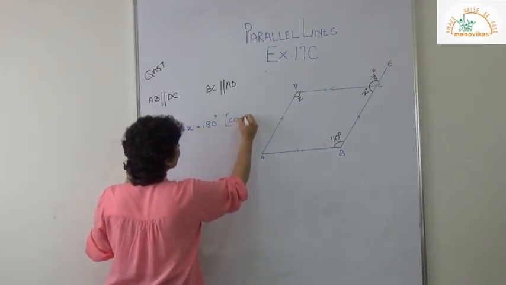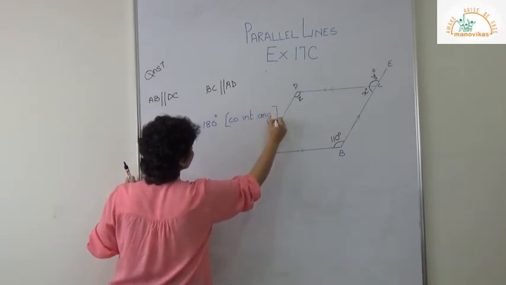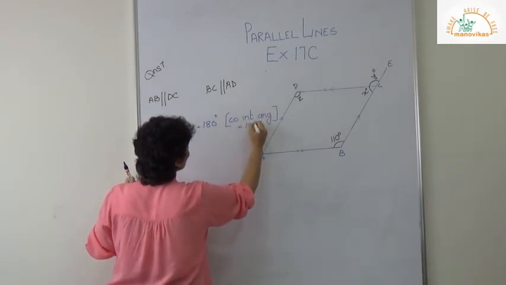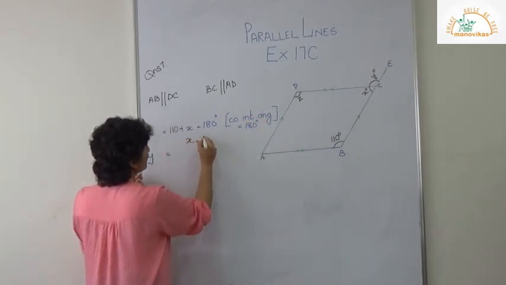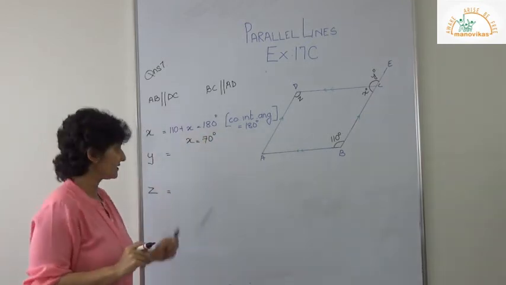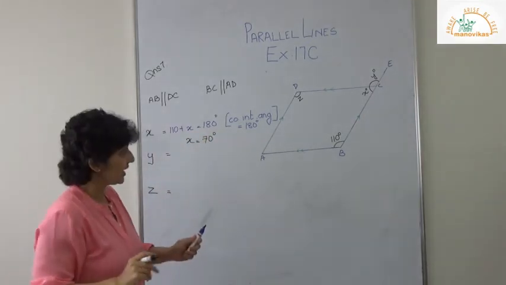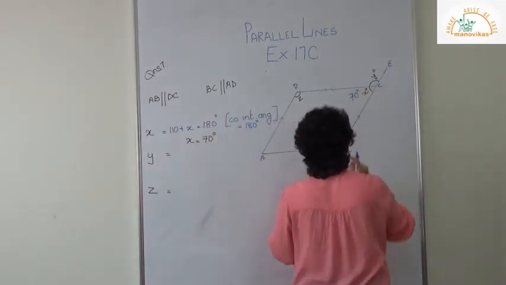Your reason will be co-interior angles is equal to 180 degrees. So, what is X equal to, children? X will be equal to 180 minus 110, that is 70 degrees. So you know this is 70 degrees.